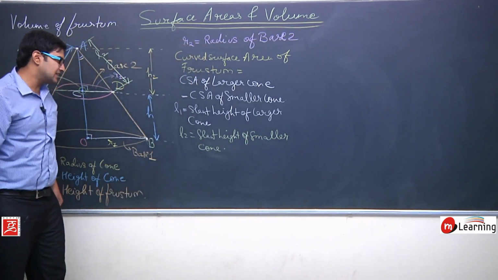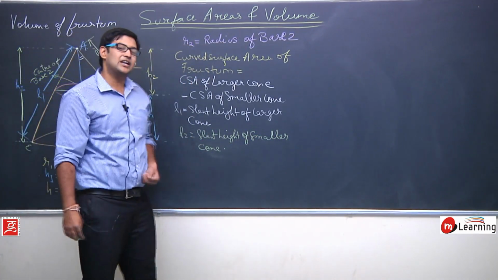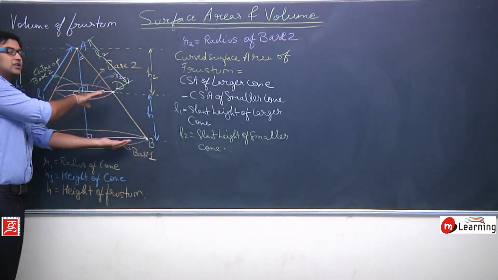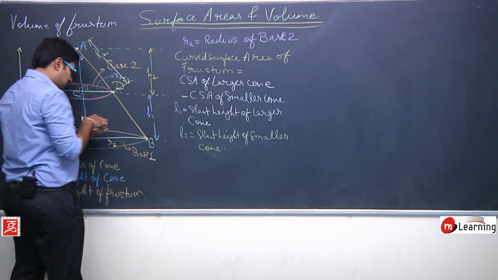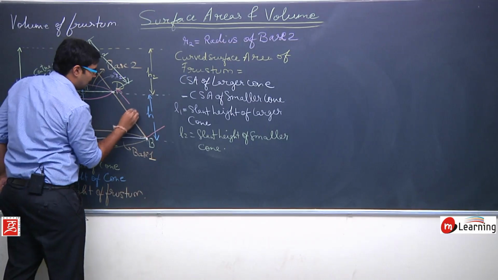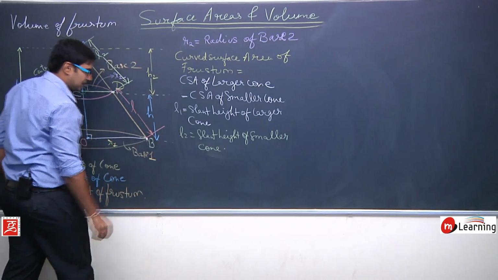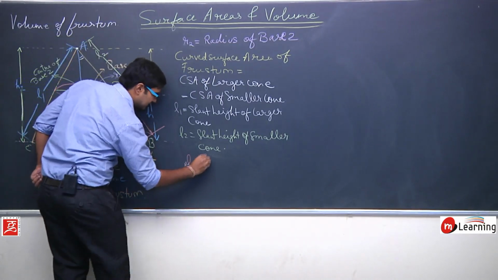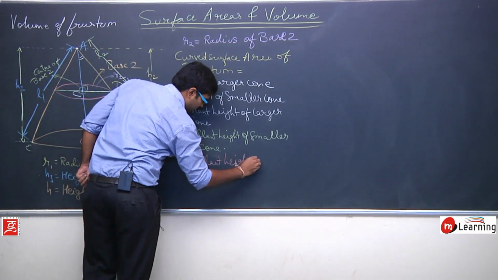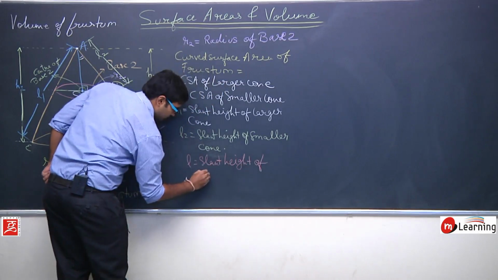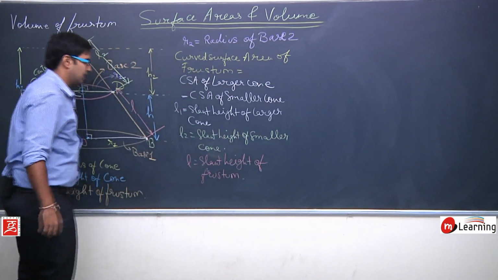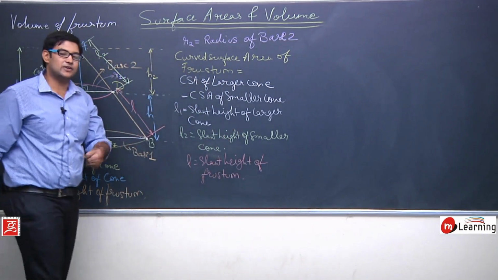Okay, L1 is the slant height of larger cone, L2 is the slant height of smaller cone, and in similar manner we have defined the slant height of this frustum also. So let us define the slant height of frustum as L. Okay, L represents the slant height of frustum.